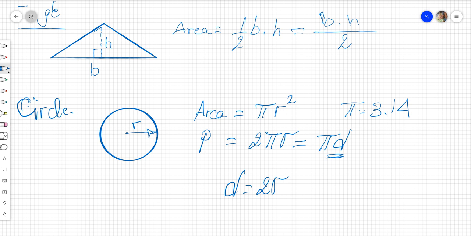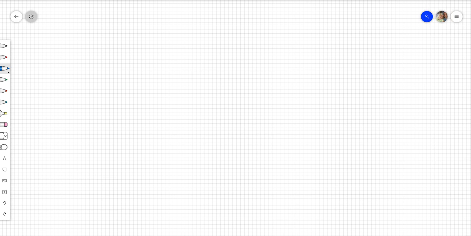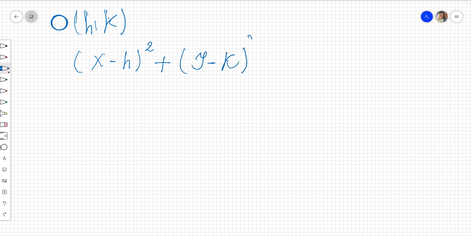So, if they also ask us about the equation of a circle, and the coordinates of center O are h and k, we could say that (x minus h) squared plus (y minus k) squared is r squared.